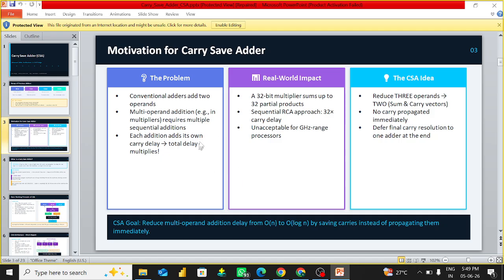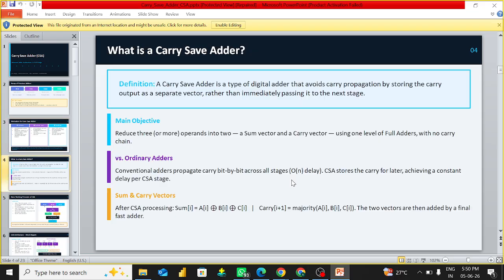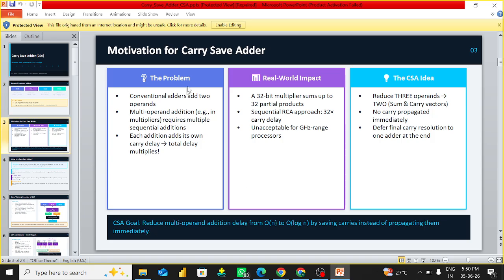It will save the carry produced in that operation and say, I will add that later. So instead of creating a delay, it says that now I'm not going to add that carry. I will store that carry, and after every process, lastly I will add that carry. So this is how your carry save adder is going to think, and this is how the name carry save adder came.